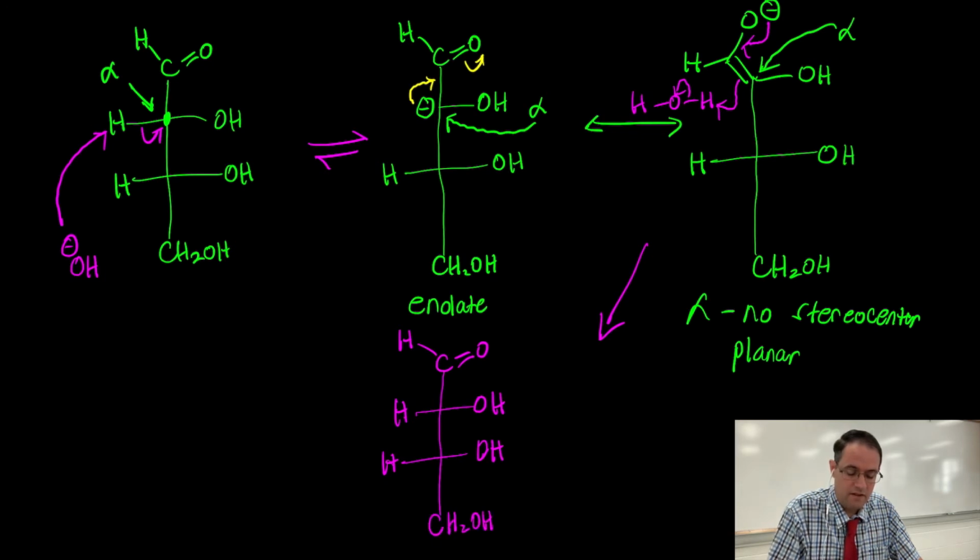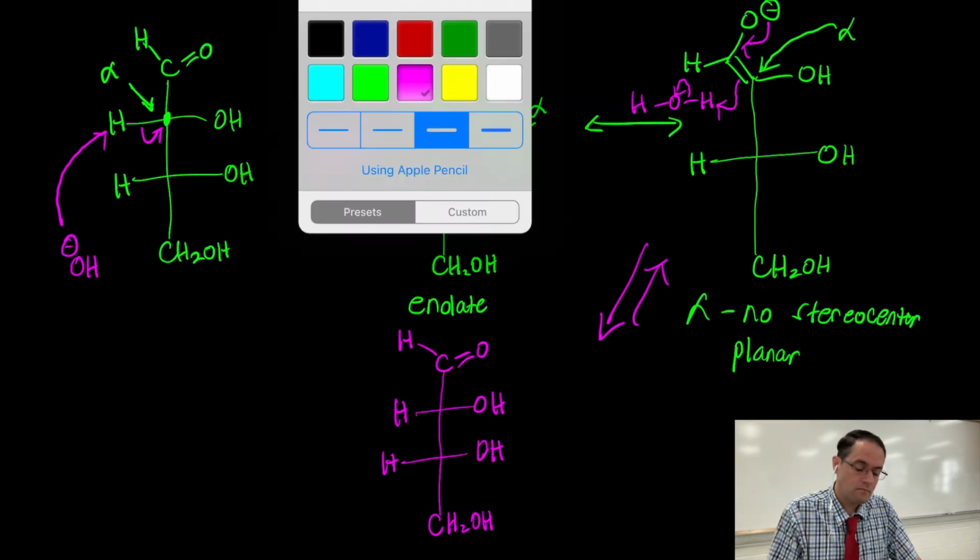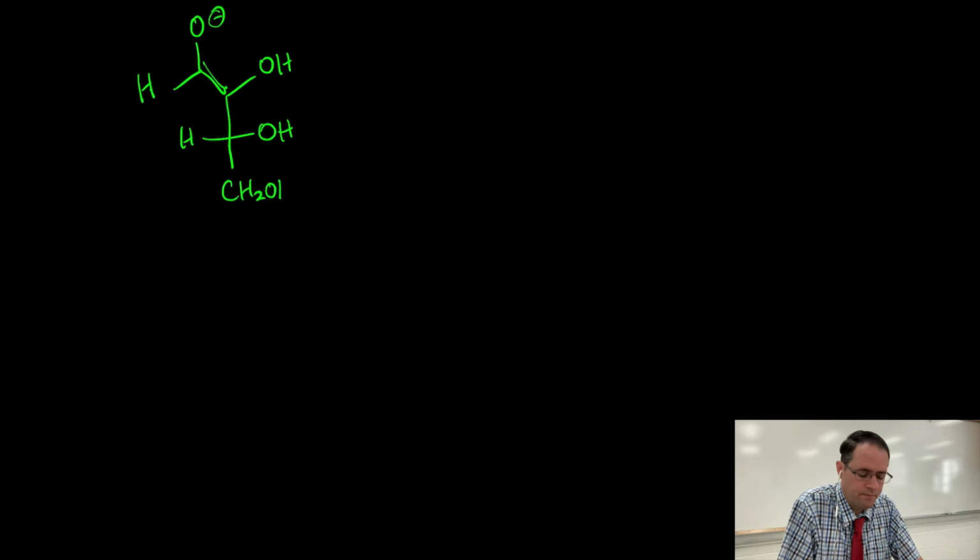These are, of course, all in equilibrium with one another. I'm going to redraw this on the next page, and we're going to see what else could happen. Now this molecule, if we rotate around this bond here, let's reposition the OH pointing to the left, like a Fischer projection.